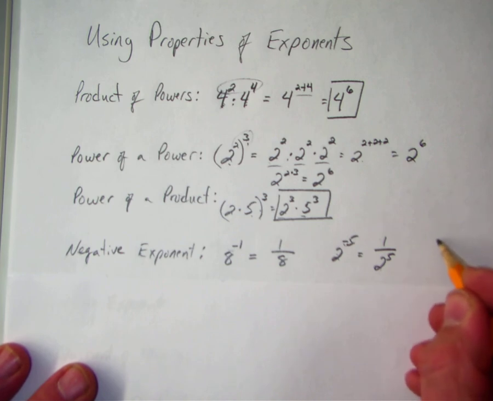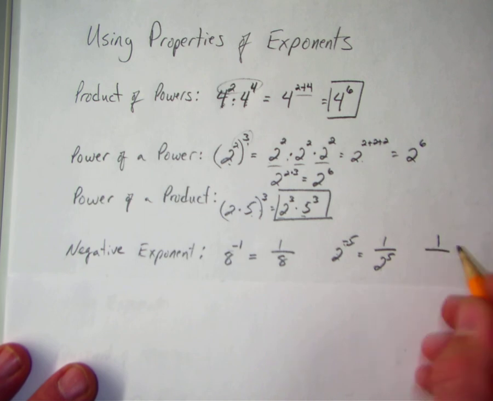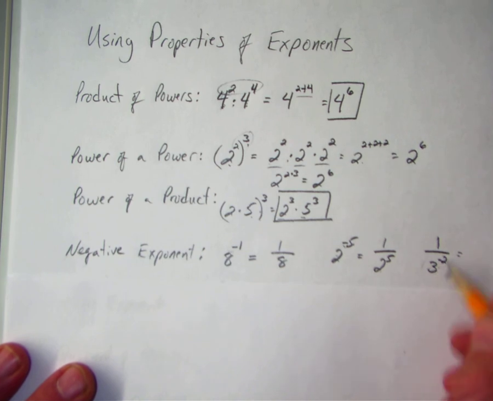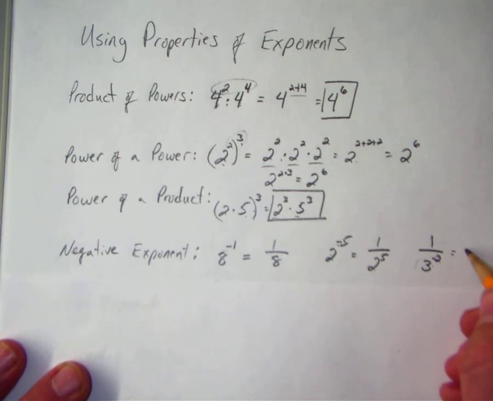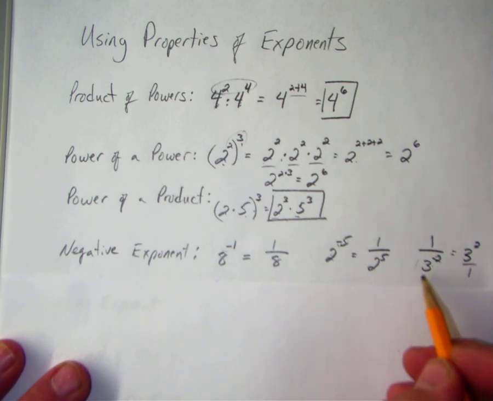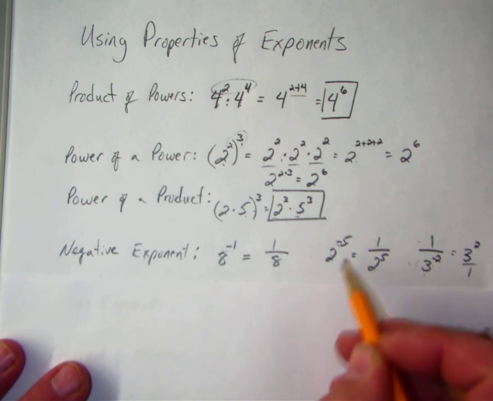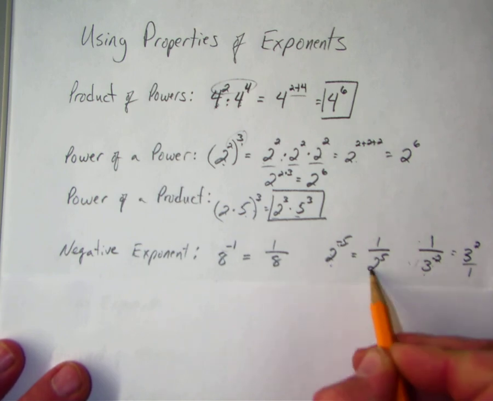Let's say we have 1 over 3 to the negative 2. Well, that means I can move this to 3 to the positive 2. In other words, 3 squared over 1. So if it's on the bottom, it moves to the top. If it's at the top, it moves to the bottom.